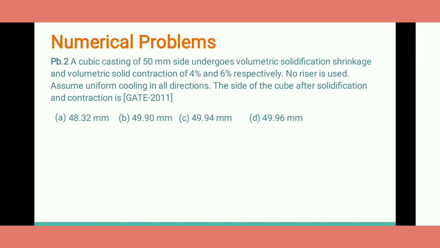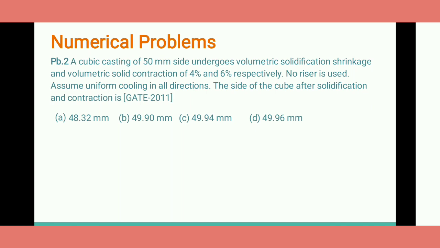The side of the cube is what we have to find out. So first we find out the volume of that solidified casting, okay. That will be equal to the actual volume of this casting into the rates, okay.